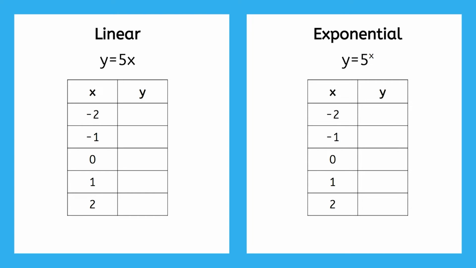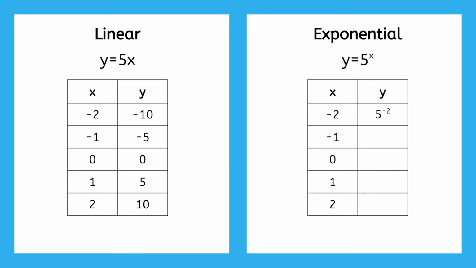To evaluate, I'm just going to substitute each of these values for x into each equation and see what I get for y. In our linear equation, when x is -2, y is 5 times -2, or -10. When we repeat this for the rest of the table, we wind up with something like this. In our exponential equation, when x is -2, y is 5 to the power of -2.